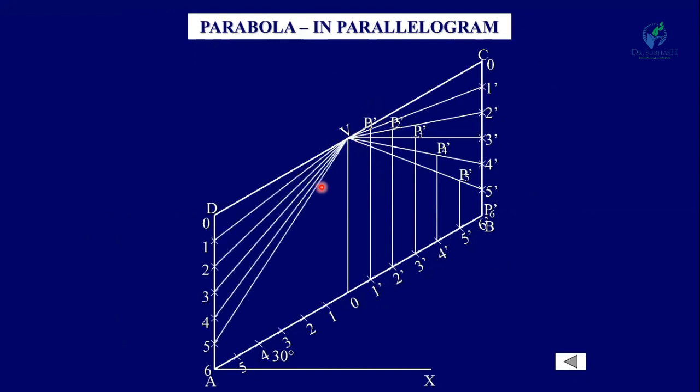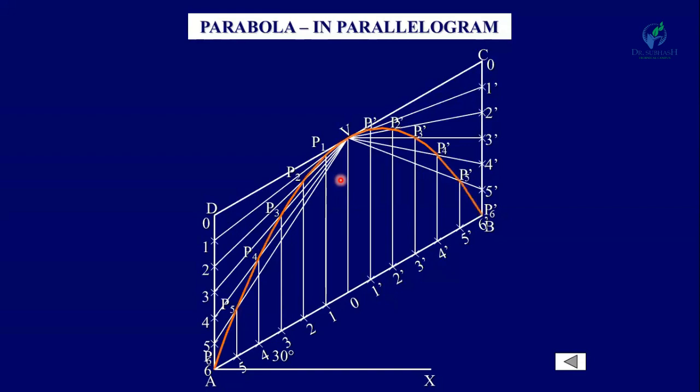Join V1, V2, V3, V4 and V5, draw vertical lines from 1 and get the points P1, P2, P3, P4, P5 and P6. Now join all these points from P1 to P6 and P1 dash to P6 dash by a smooth curve. So this curve is our parabola, and this method is known as the parallelogram method.